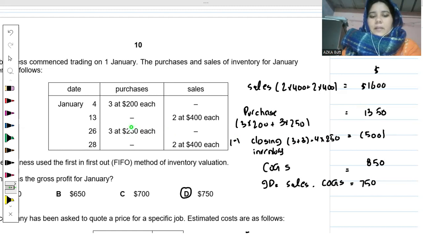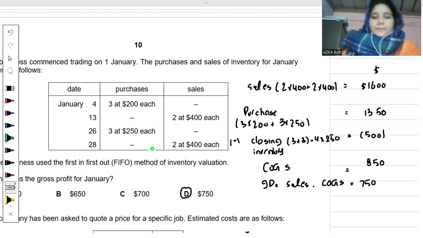And because we are using FIFO, whatever comes firstly into our warehouse, we have to take out the first inventory cost firstly.